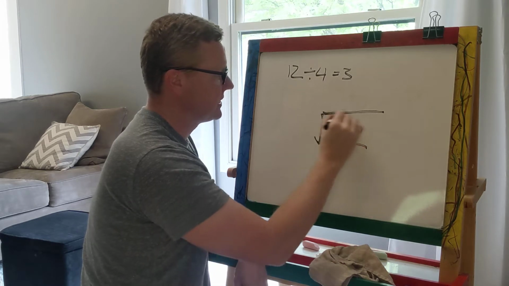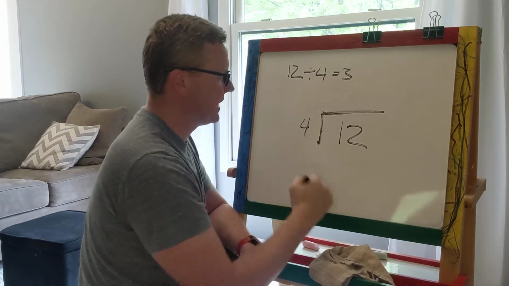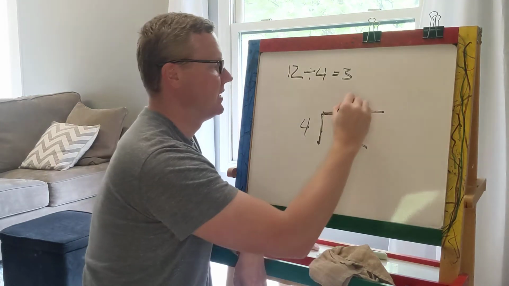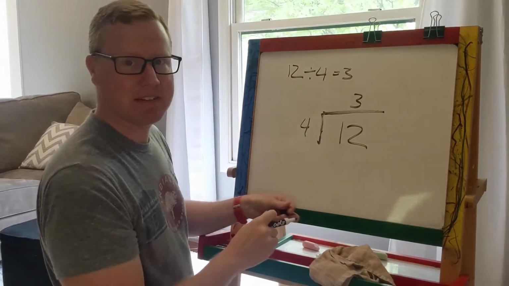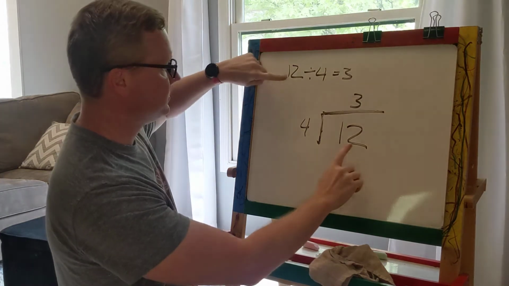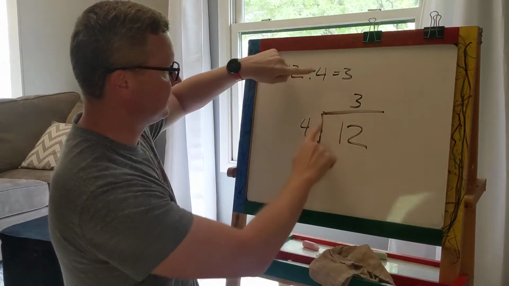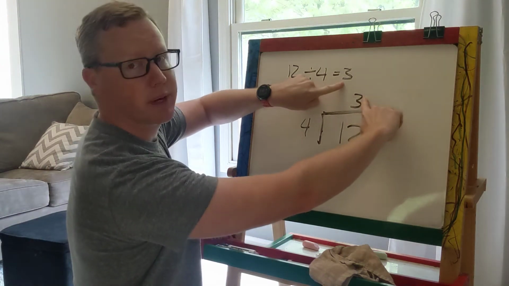So they will look slightly different. 12 divided by 4 is on the outside, and then you write it equals 3. So I'm going to point to the different pieces as we go through so you know how to read them. 12 divided by 4 equals 3.